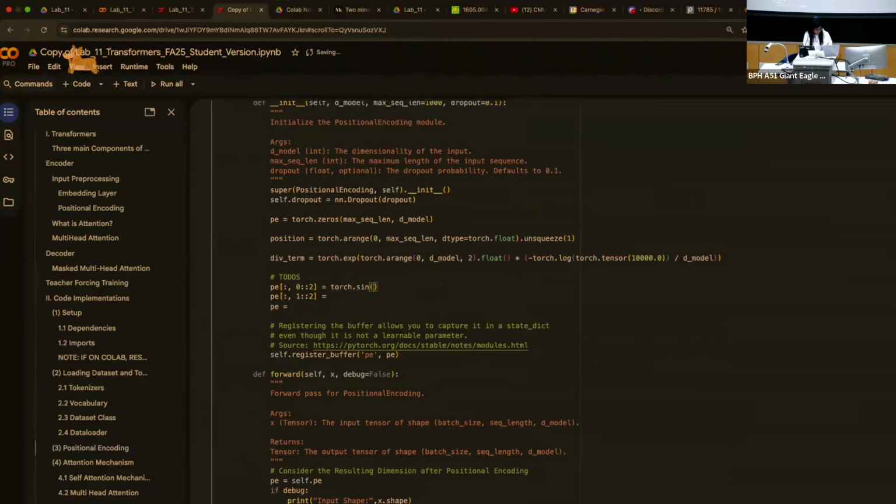So this is torch.sign and our position to the div.